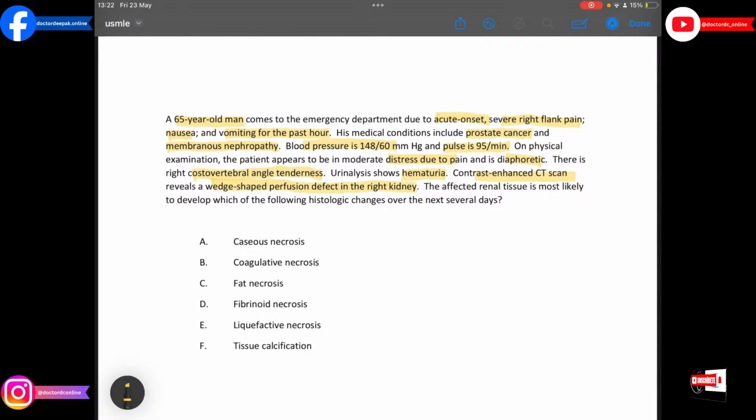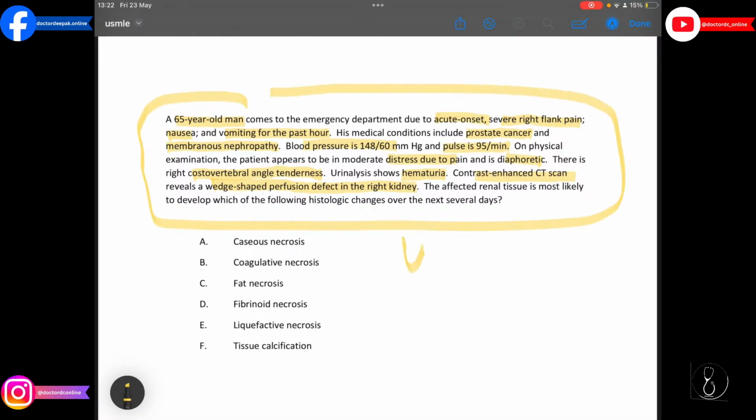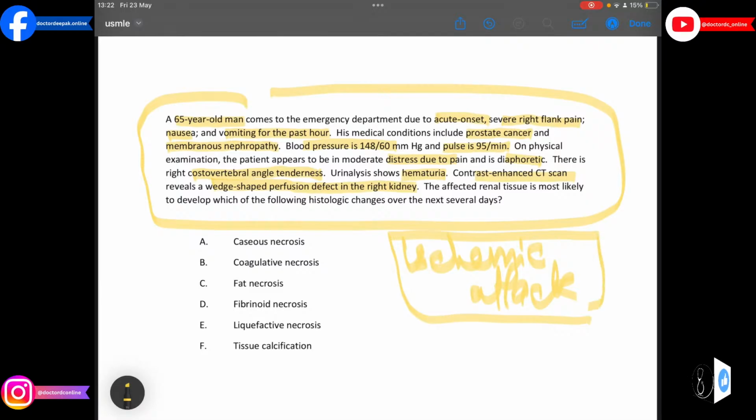Actually, this whole phenomenon is speaking about an ischemic attack. Already we discussed that if there is any ischemia or infection happening in the CNS, we call it liquefactive necrosis, but now they are asking about the kidney. If any ischemic attack is happening outside the central nervous system, like kidney, lungs, or liver, then it will be coagulative necrosis.